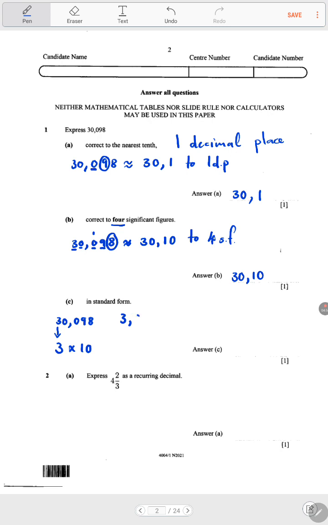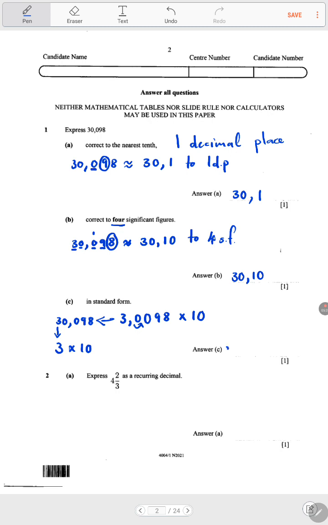number to be 3,0098 times 10, because we know that if you multiply by 10, you're going to move the comma one place to the right, which means if you do that, you come back to this value, which means, in other words, you haven't changed the value of 30,098. So that is your answer.